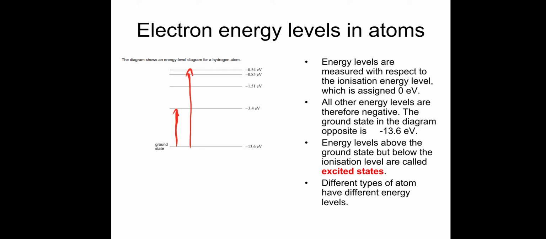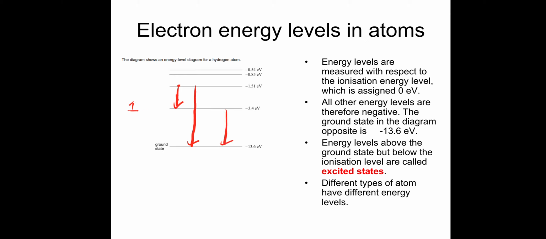What we're interested in particularly is what happens when the electron comes back down. So let's say there's an electron residing in this level, the second level. That electron could come down to this level, or it could come down to that level, or it could go down to level 1, and then come down again.